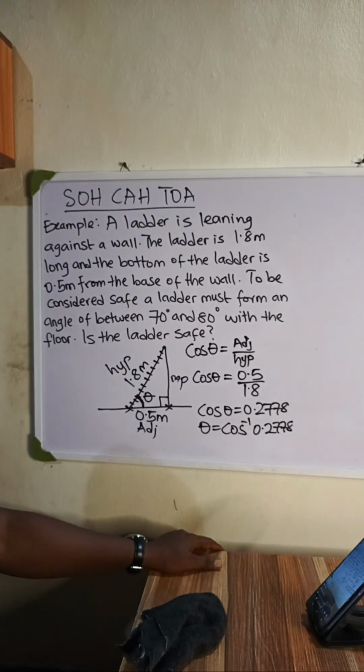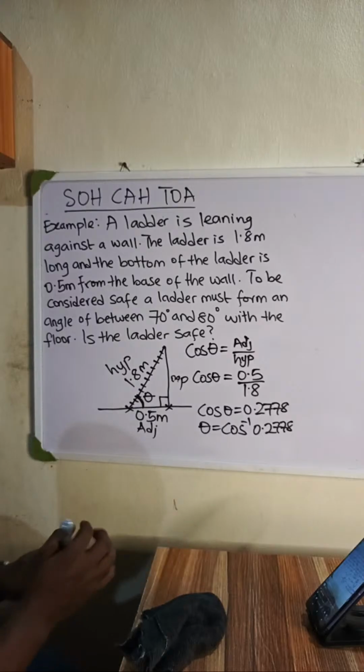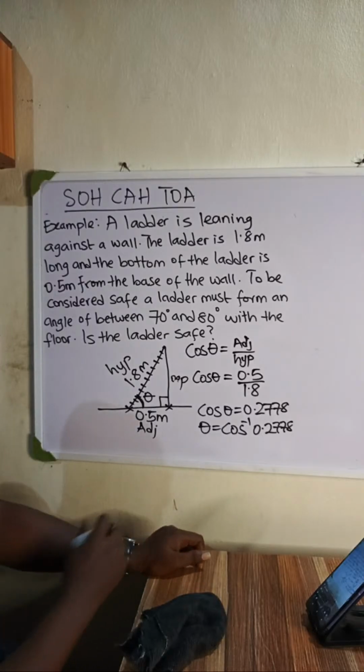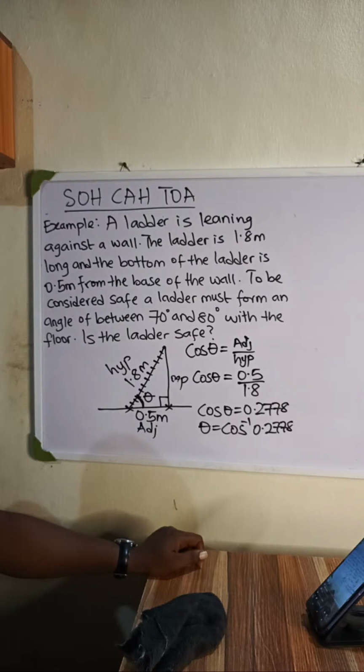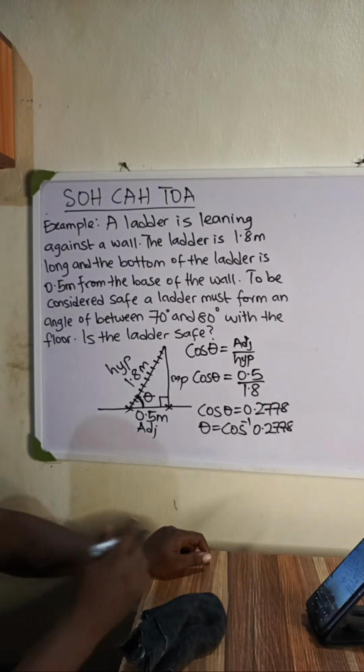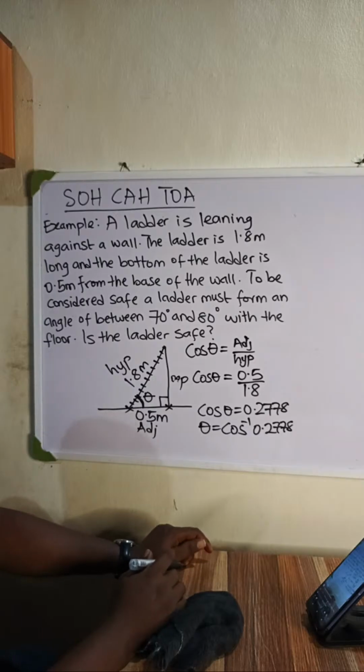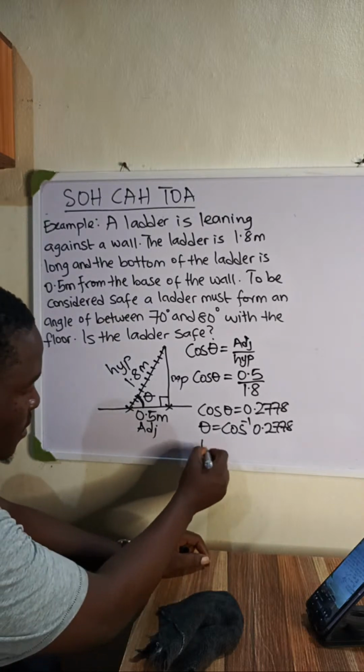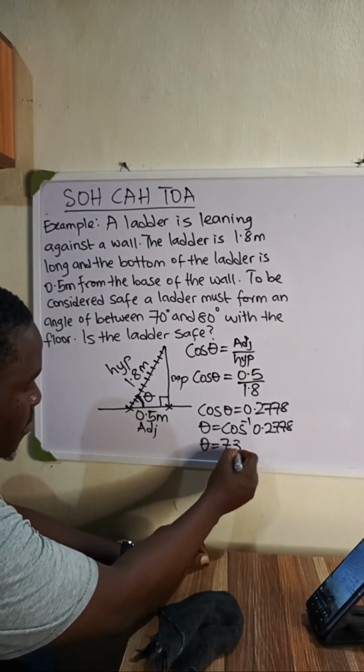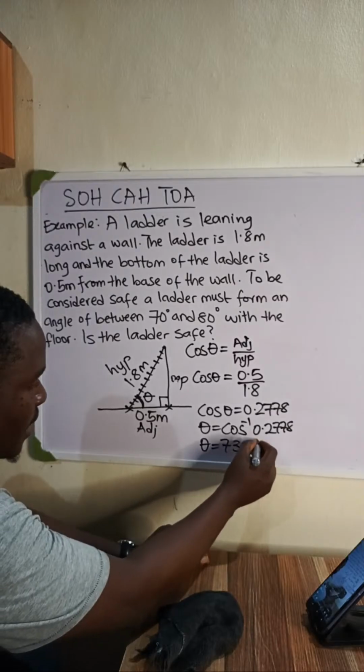I've gotten my answer, but I want to get an answer from you guys. 78.87, correct? Somebody said 73. Yeah, mine is 73 actually. 73.9. So theta is equal to 73. Let's use 73.9 degrees.